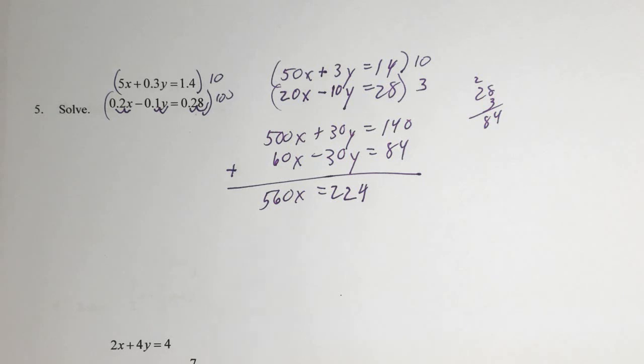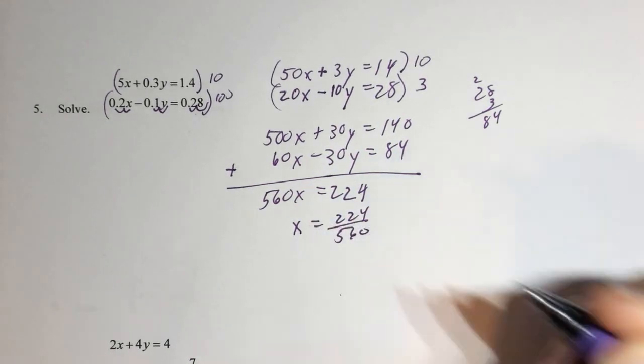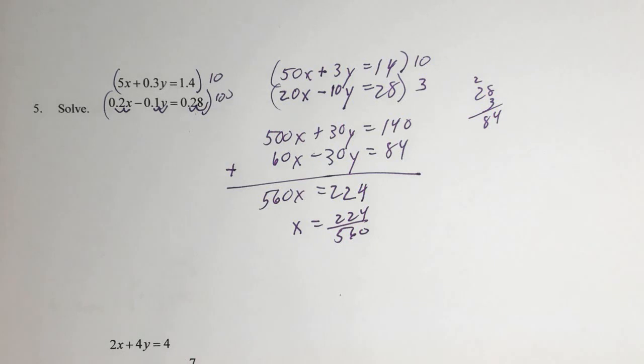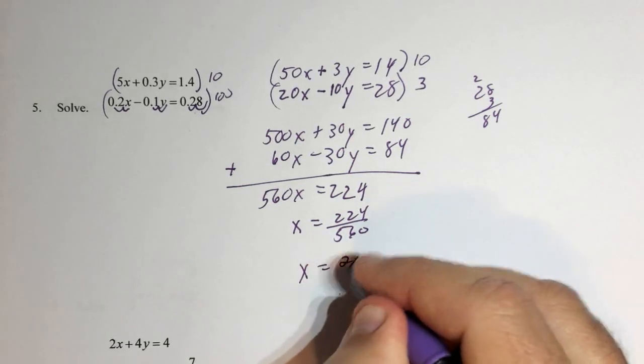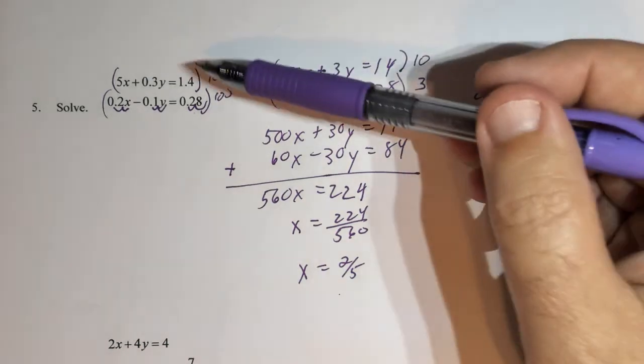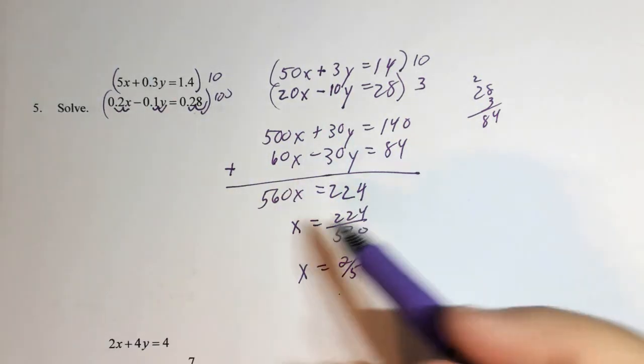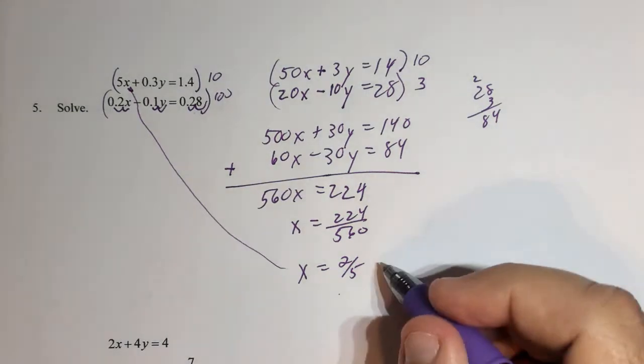Alright, so x is going to be 224 over 560, which will reduce to 2/5. If you don't know how to get to the 2/5, then you can work it later. But now I got to find the y, and I want to plug it in. I can plug it in here, here, here, or here. In essence, that 2/5, if I'm going to plug it in for x, plug it into this one.